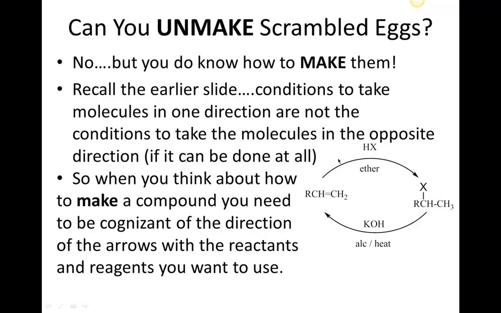But you notice the way I've drawn this, these are not the same reaction going back and forth, because it's completely different conditions to go from this way to this way versus going from the alkene to the alkyl halide. So it's kind of like the process of unmaking something. It may or may not be possible, and even if it is possible, it probably is going to take a completely different set of conditions or reagents to be able to do that.